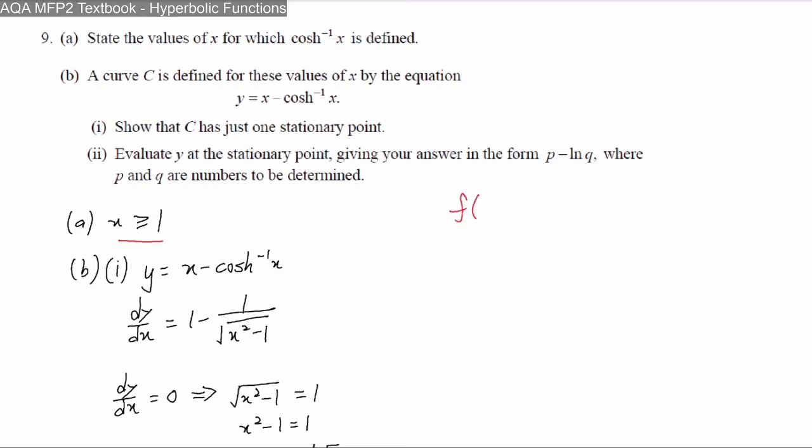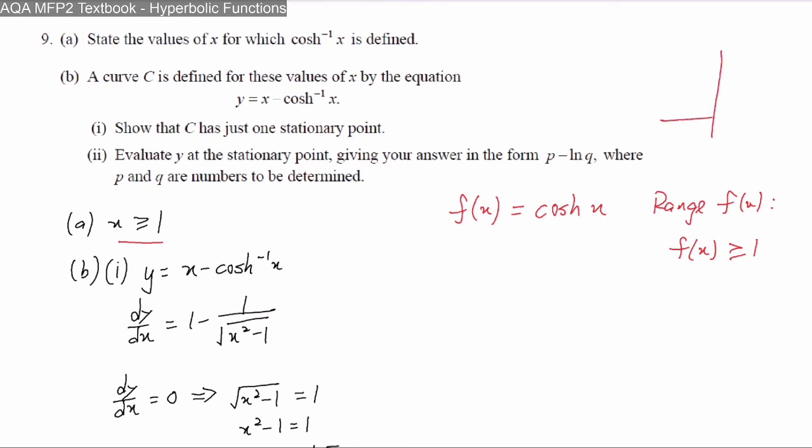Let's say we have f(x) equals cos x. The range of f(x) is greater or equals to 1. We just saw the values for cos x, so it will take the values 1 and above for f(x).